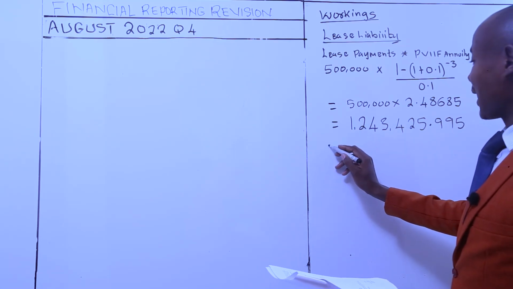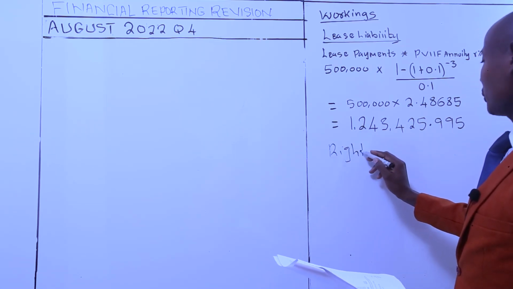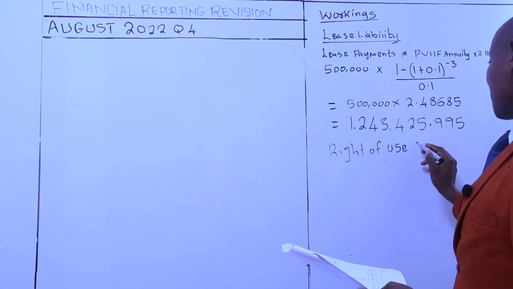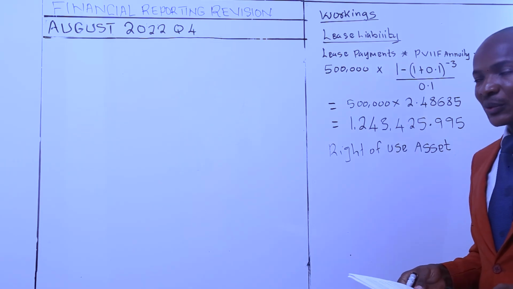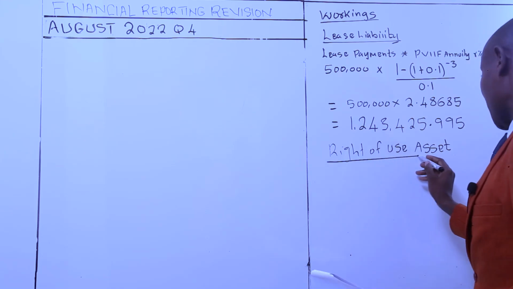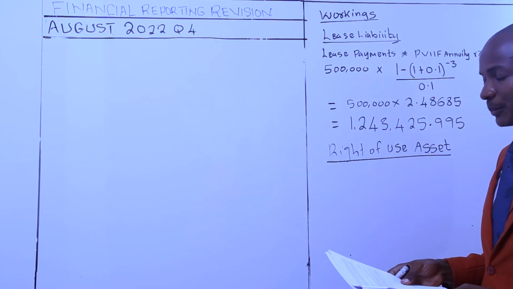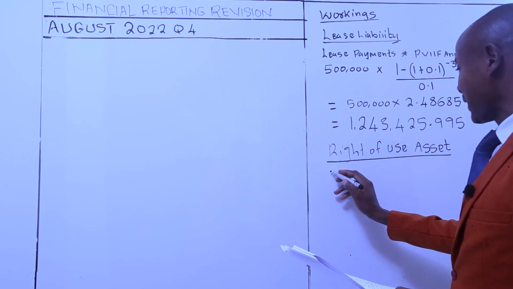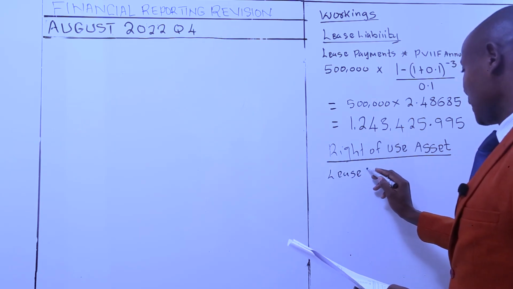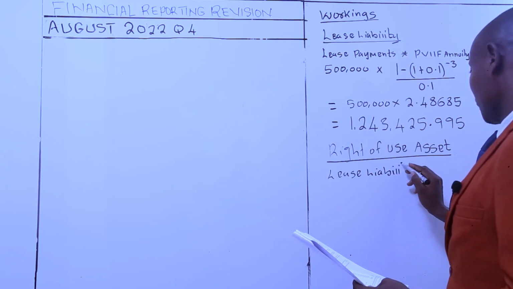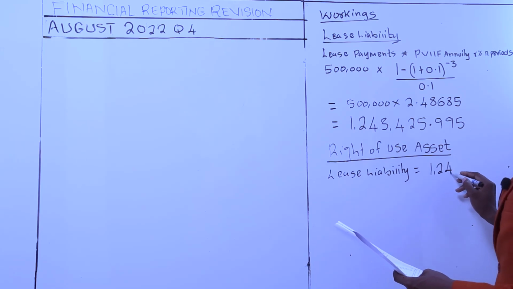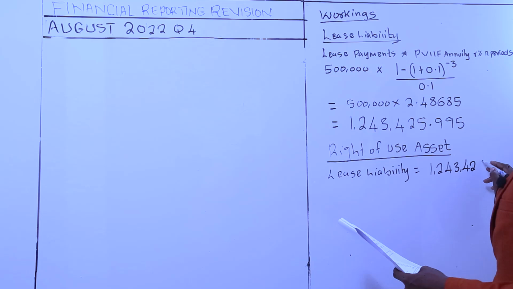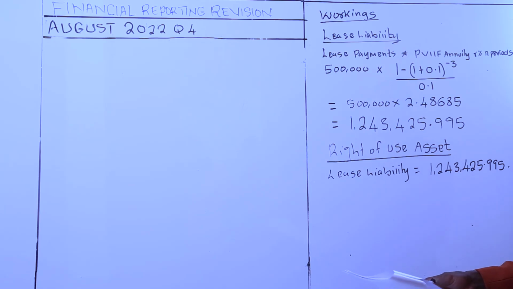That follows up with the computation of the right of use asset. So how do you get the right of use asset? Now we start with the lease liability, and the lease liability amounted to 1,243,425.995.